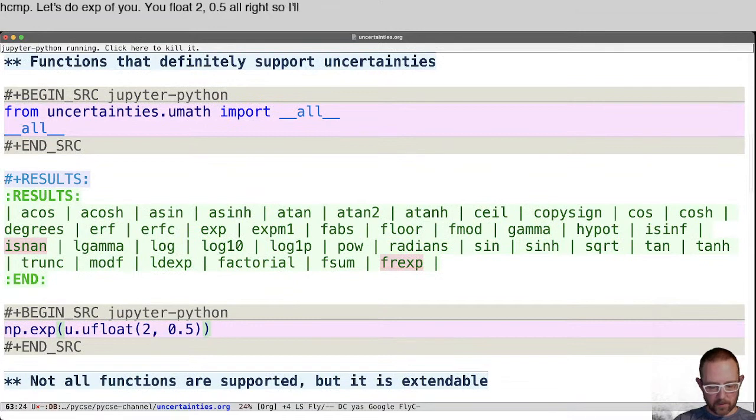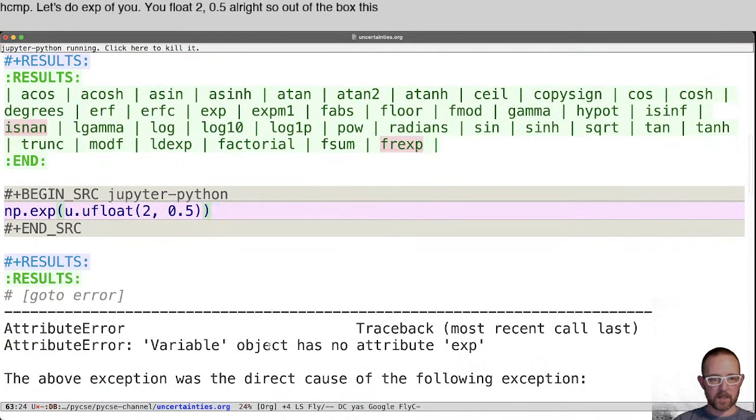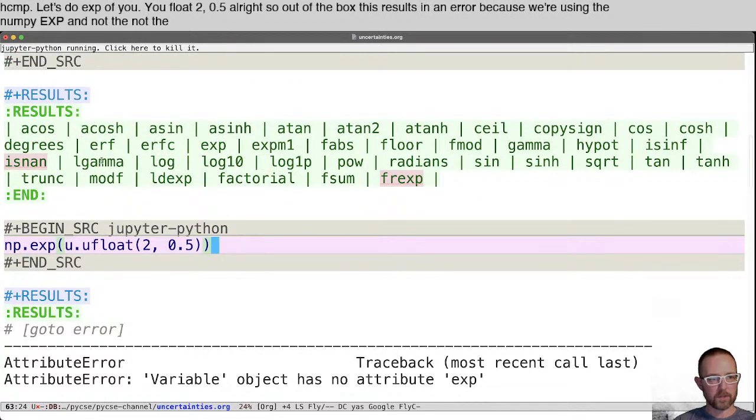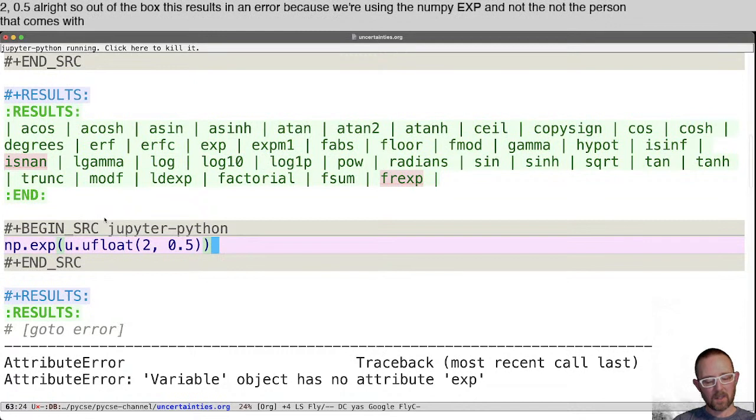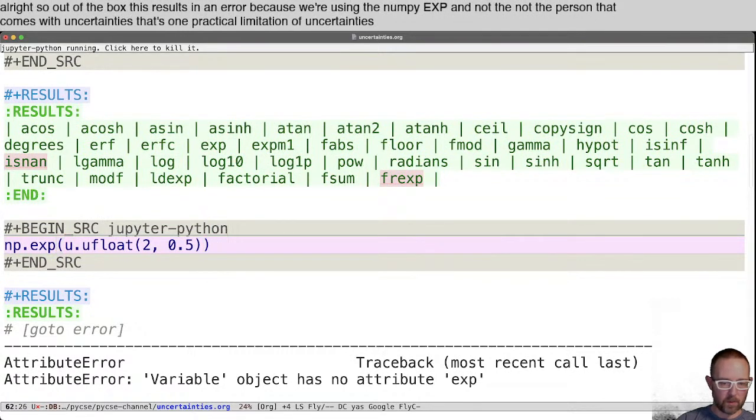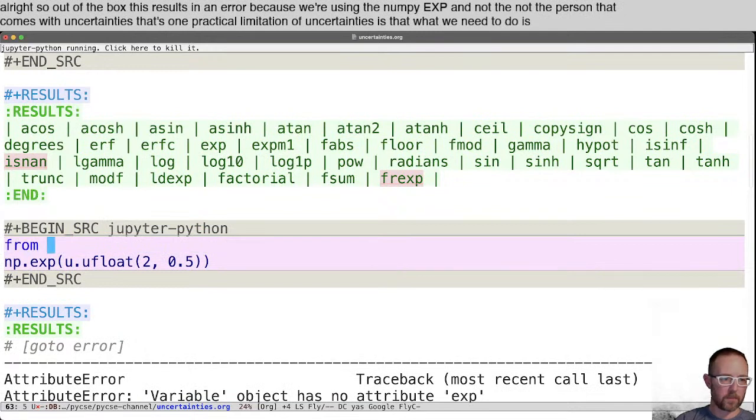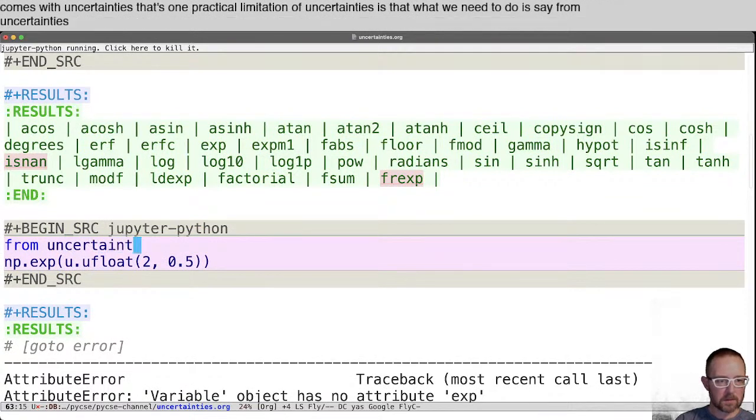All right, so out of the box, this results in an error because we're using the NumPy exp and not the version that comes with uncertainties. That's one practical limitation of uncertainties. What we need to do is say from uncertainties.umath, let's just import everything so that we have it.